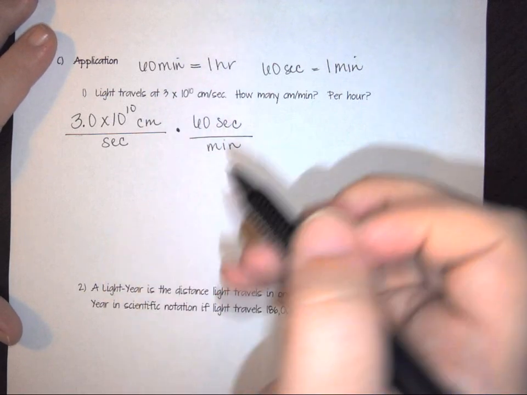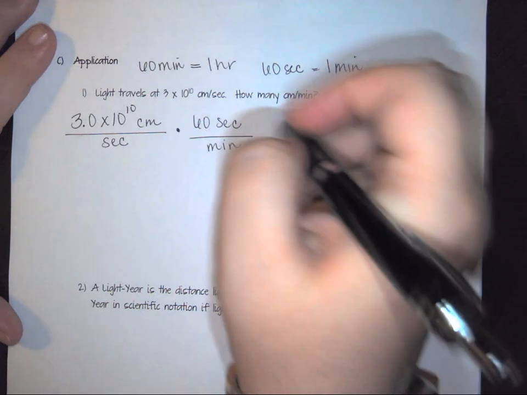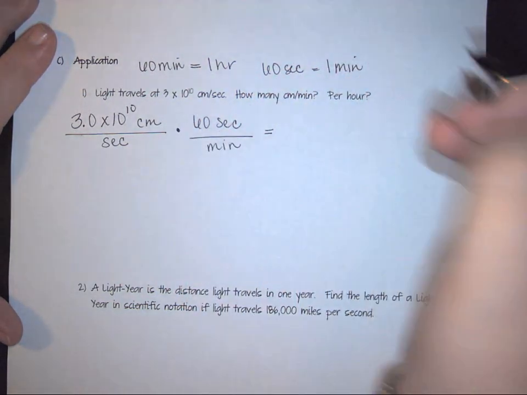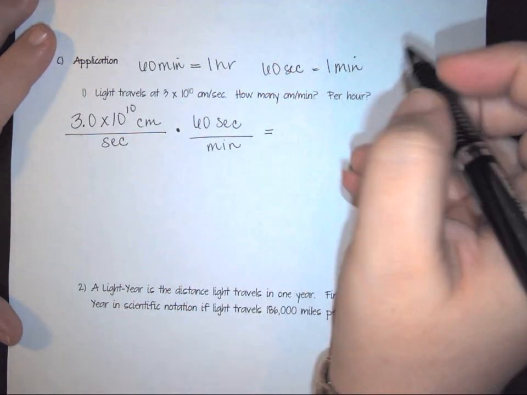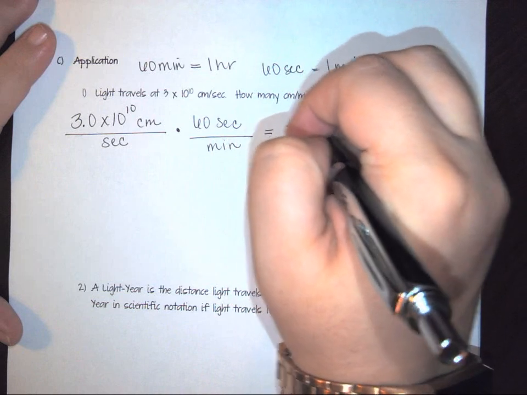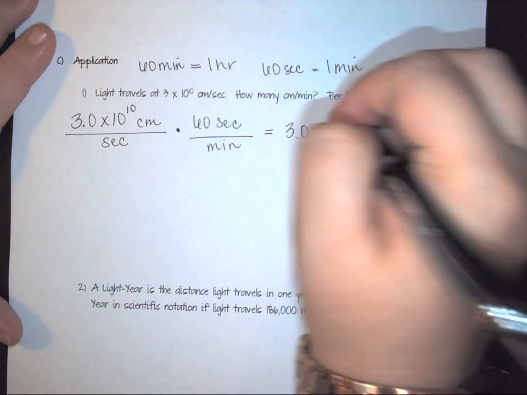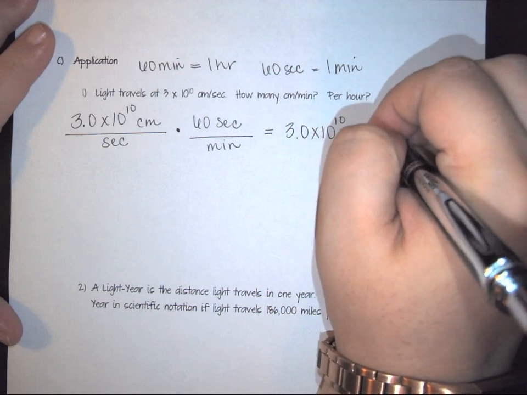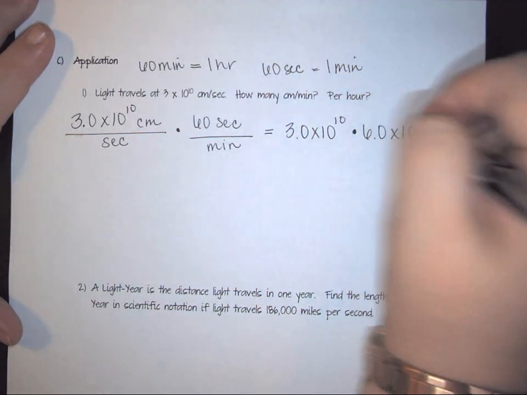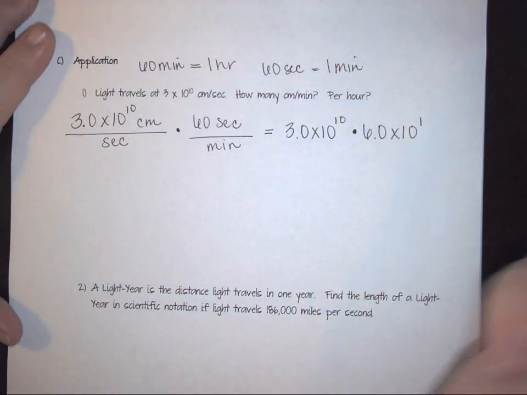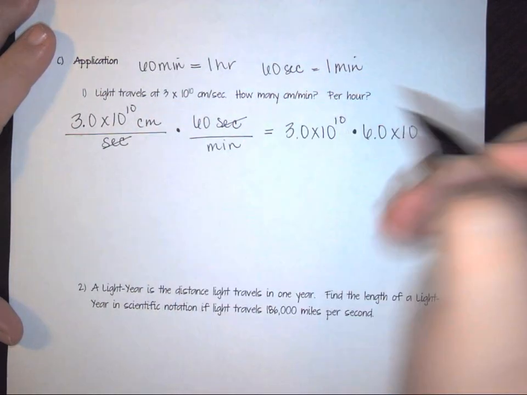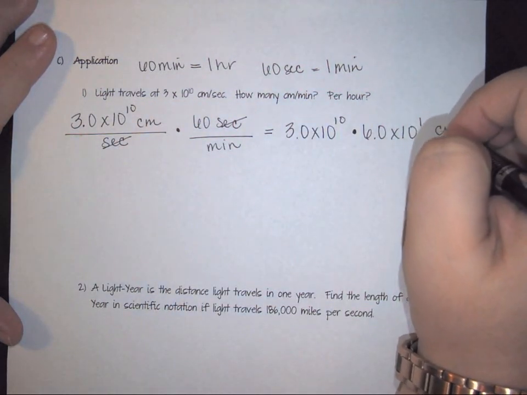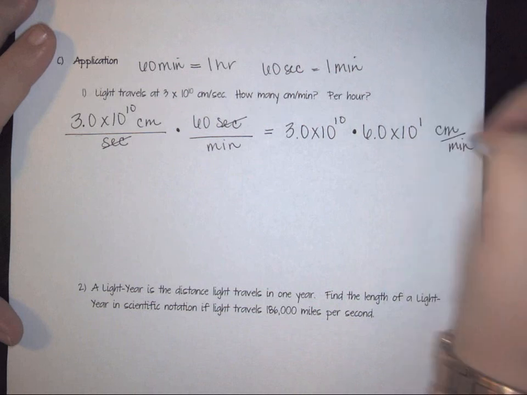And so here what we're actually looking at is doing 3.0 times 10 to the 10th, and we're going to multiply that by 6.0 times 10 to the first. And because my seconds are going to go away, that's going to leave me with centimeters per minute.